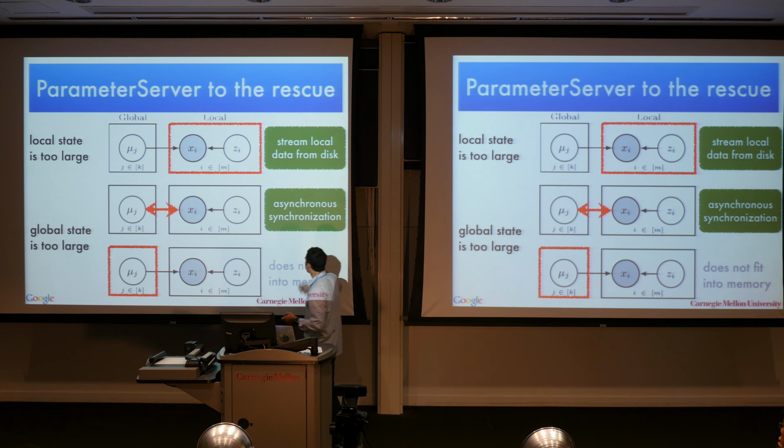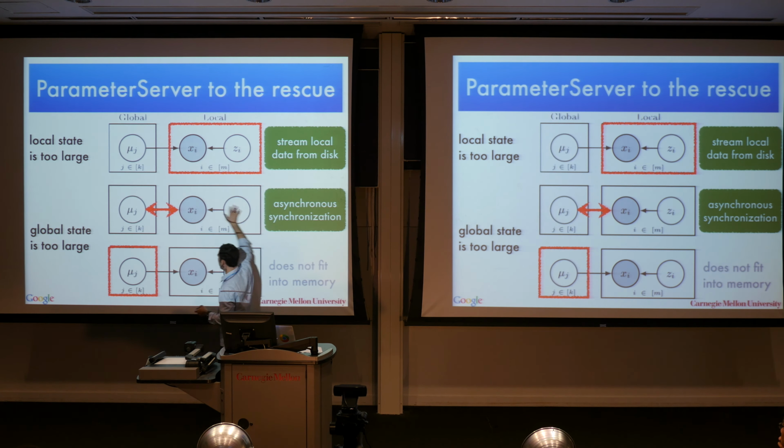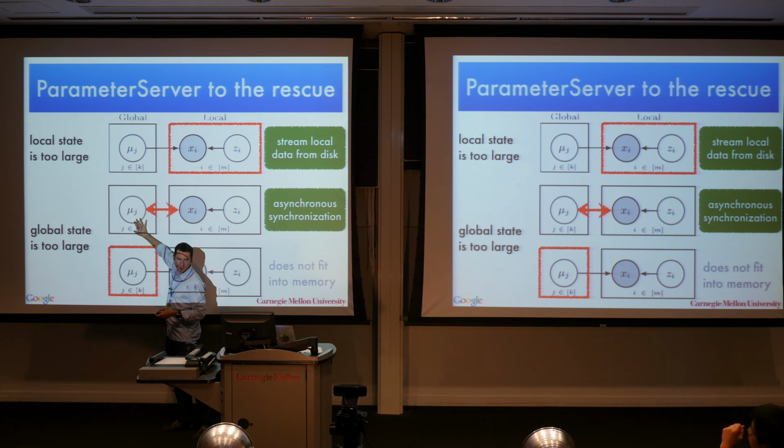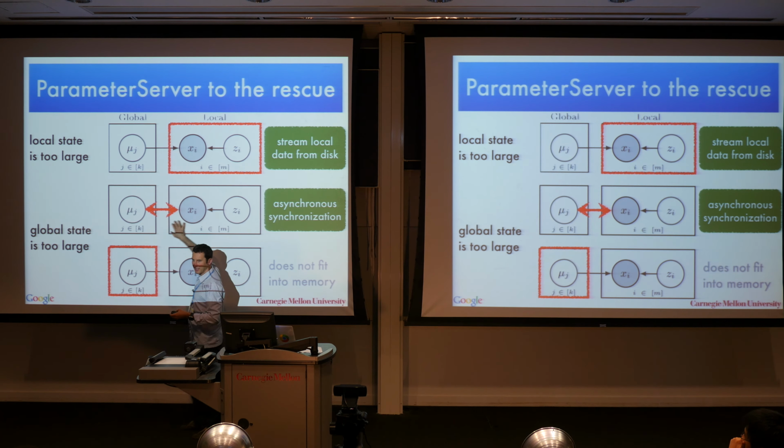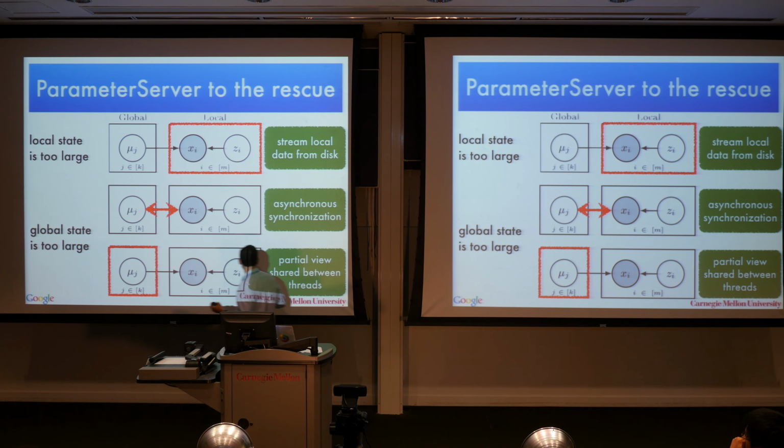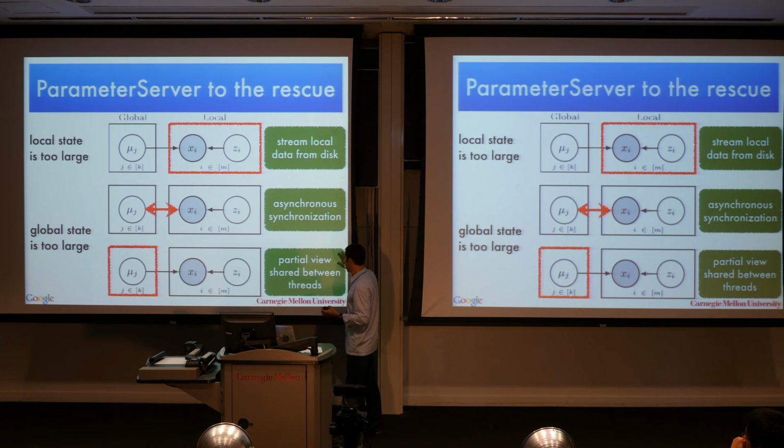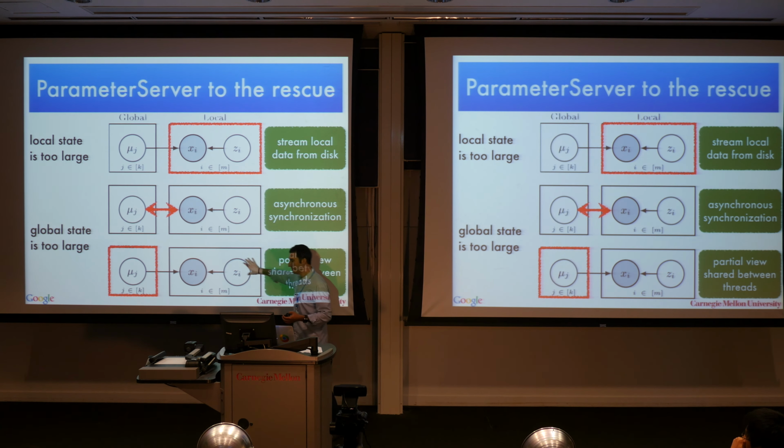You asynchronously synchronize between what each individual machine does and what you do globally. We'll look into that in a lot more detail in the next few slides, but suffice it to say, when you perform local updates, subject to some interesting caching that we are going to go into, I'm going to synchronize that with the consensus view. And furthermore, as I already hinted at, we only need a partial view on each machine.